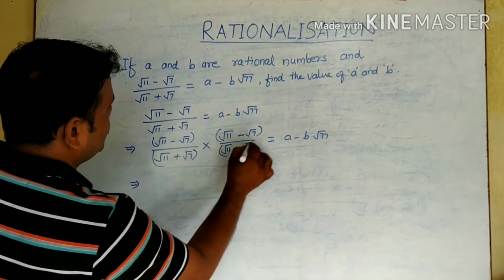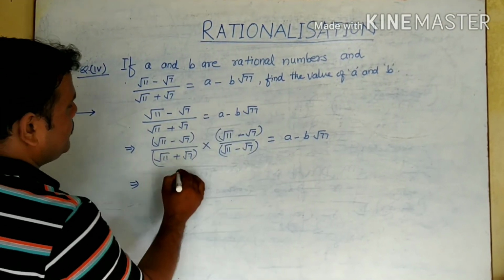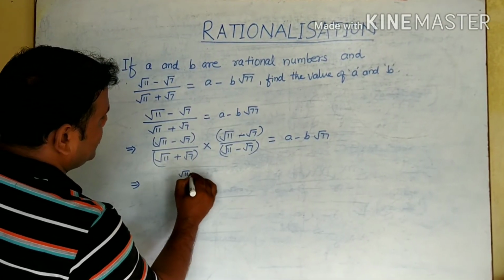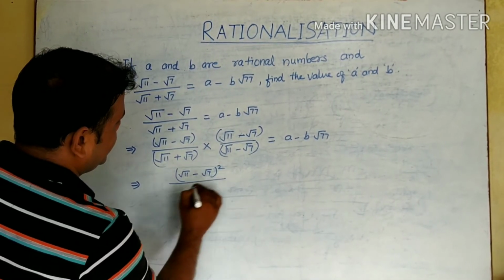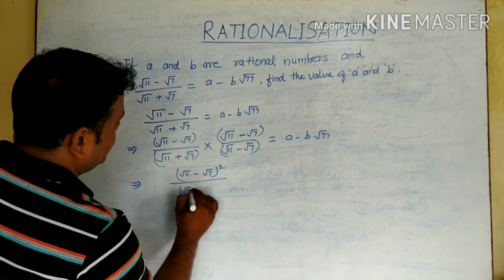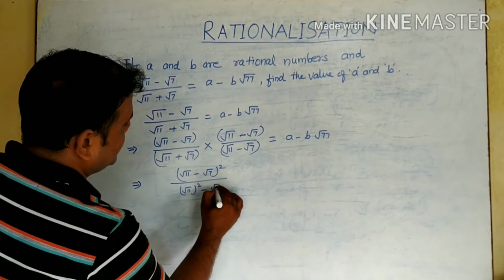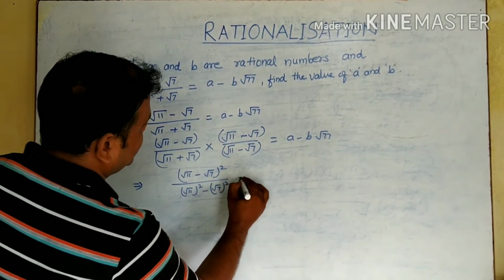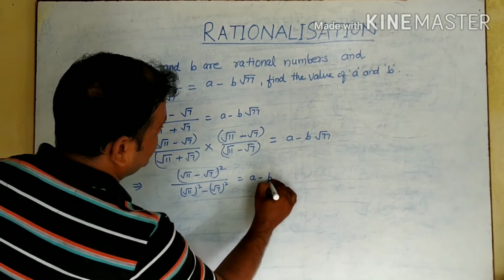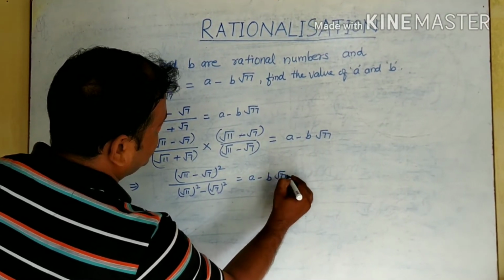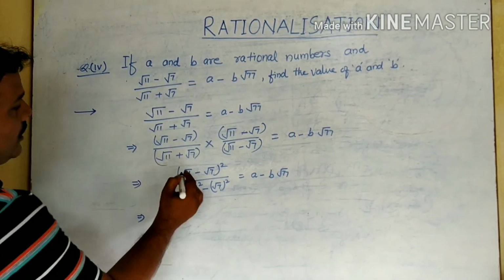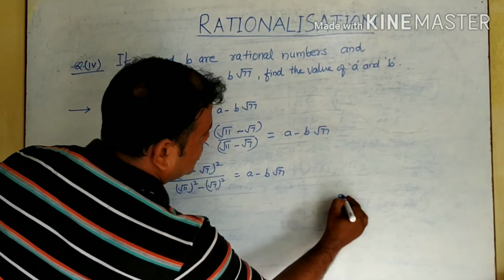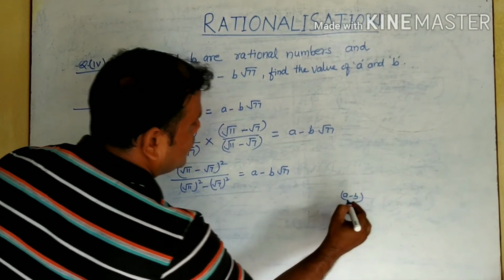So you can use the formula: it will become under root 11 minus under root 7 whole square, and in the denominator it will be under root 11 square minus under root 7 square, that is equal to a minus b under root 77. Now next, you use the formula (a minus b) square.